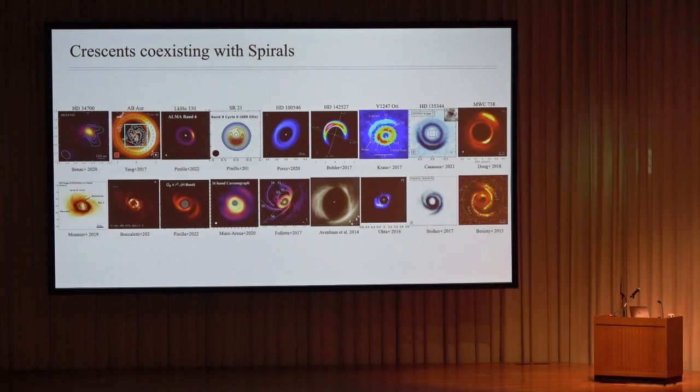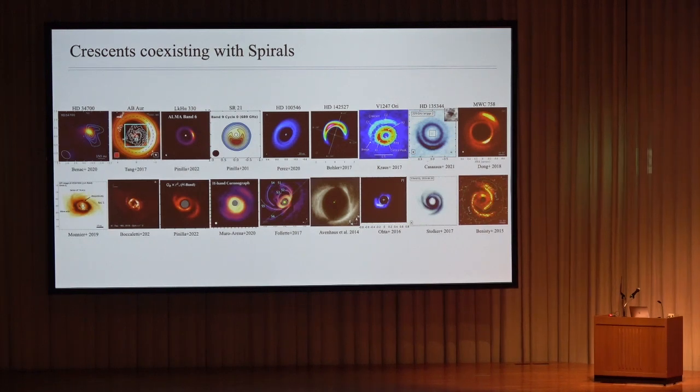One is, when we're doing observations of these structures in scattered light and in millimeter continuum, what are the qualities of the morphological features that are going to probe the formation processes for them, or the things that incite them?